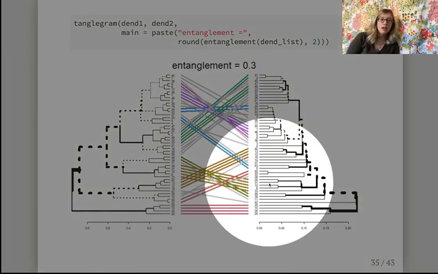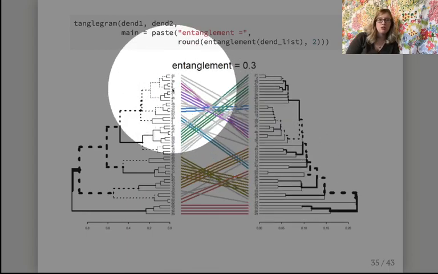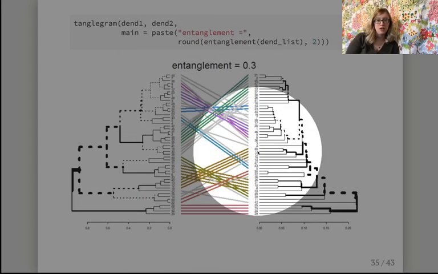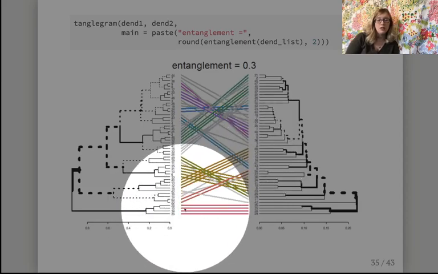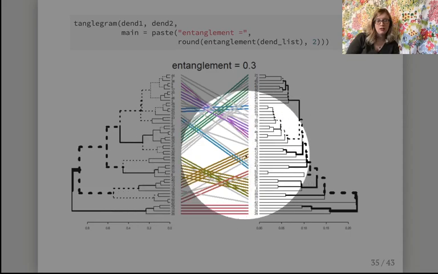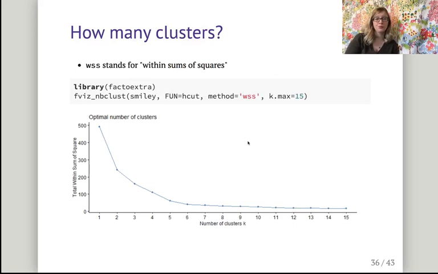And this tanglegram really measures how often points are crossing over from one cluster to a different cluster. So we're looking at how often they are tangling. So low entanglement would mean that all of these lines would be roughly parallel. We would be seeing the same sort of patterns. High entanglement means that there's a lot of crossing over.